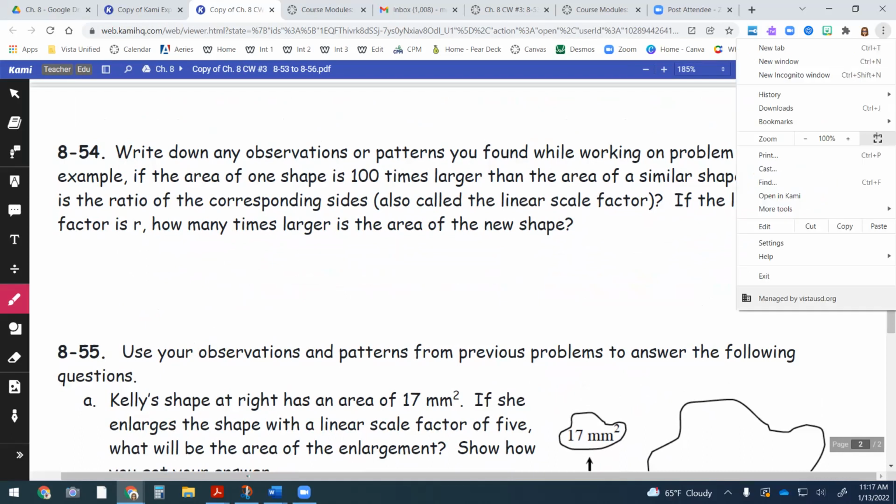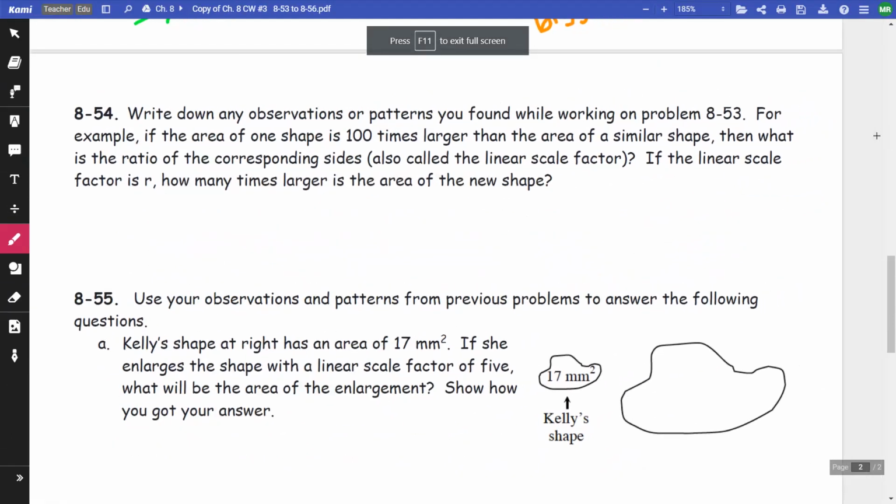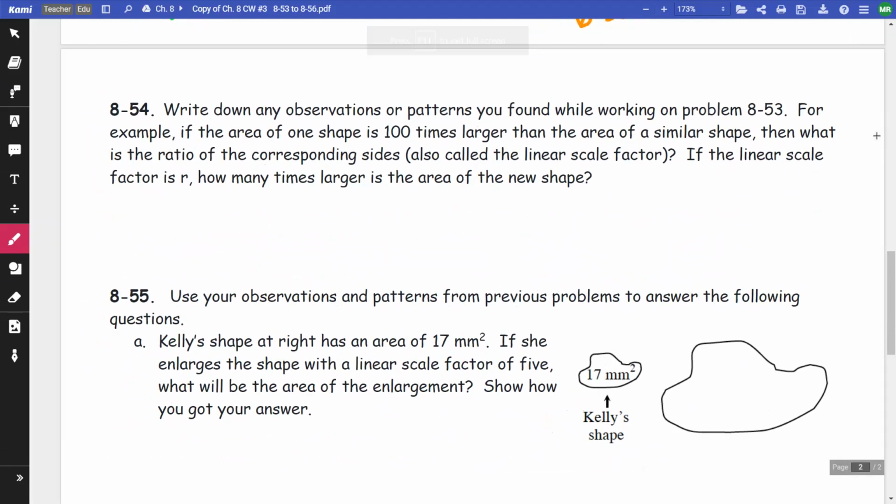On 54, write down any observations or patterns you found while working on problem 8-53. For example, if the area of one shape is 10 times larger than the area of a similar shape, what is the ratio of the corresponding sides?